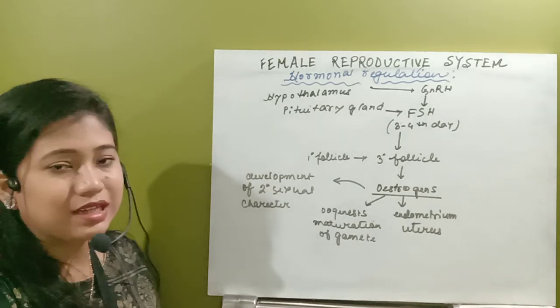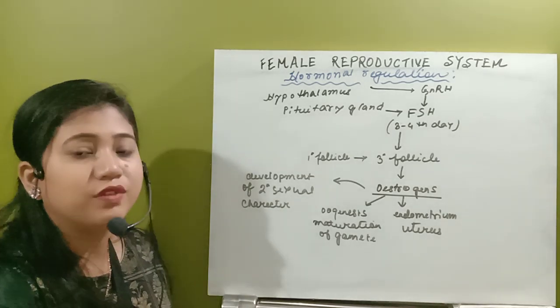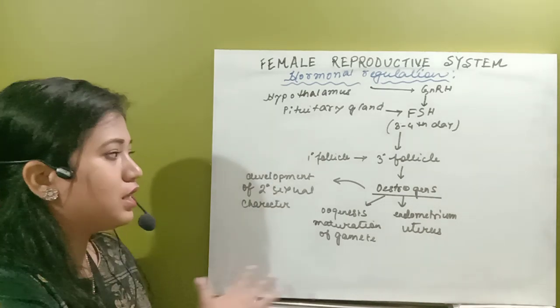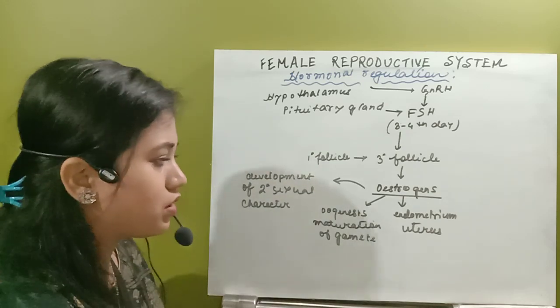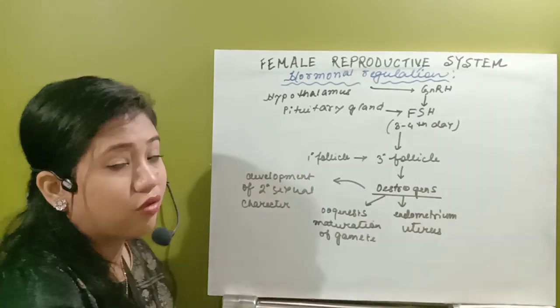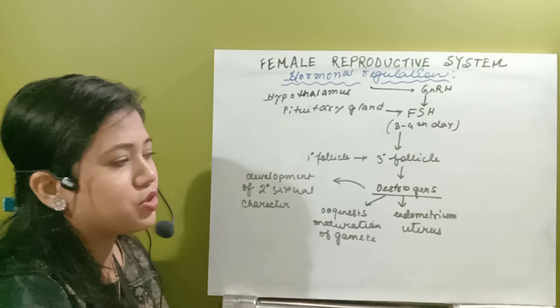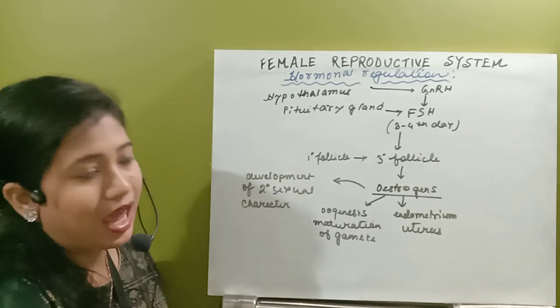And other organs like the uterus, the fallopian tube and the vagina will get more developed, which is included in the secondary sexual characters. So estrogen helps the formation of the tertiary follicle from the primary follicle, and along with that, the formation of the endometrium in the uterus.